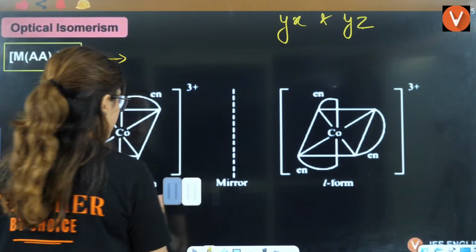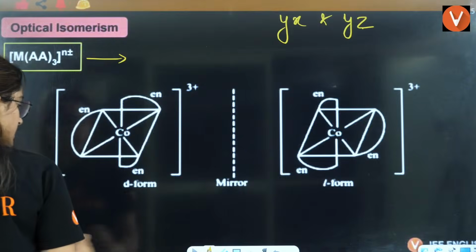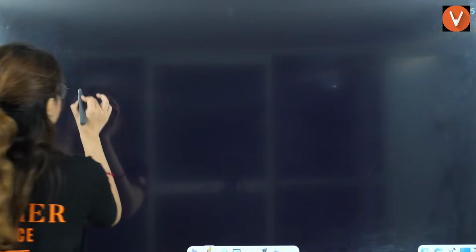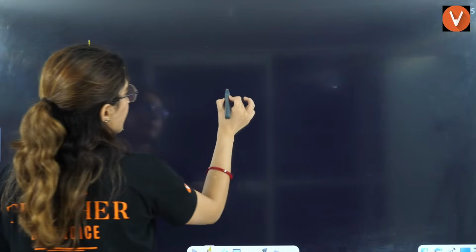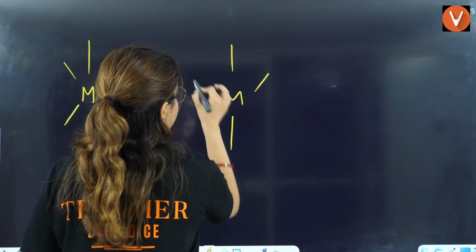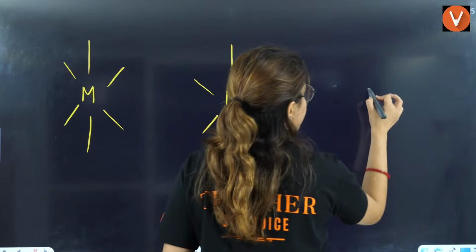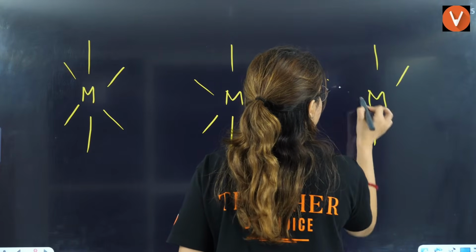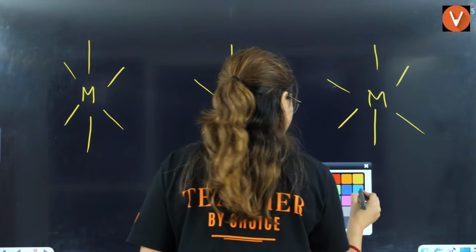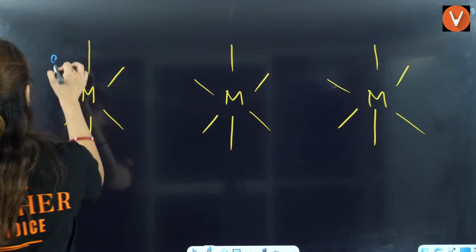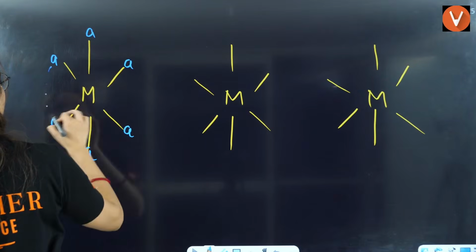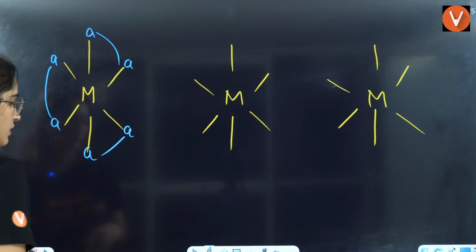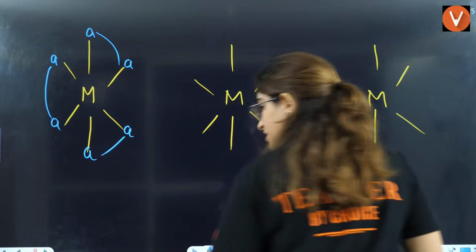Okay, I'll just make a new page here. Let's say this is the thing. This is AA, AA. When you see the mirror image here, I'm explaining in 2D.